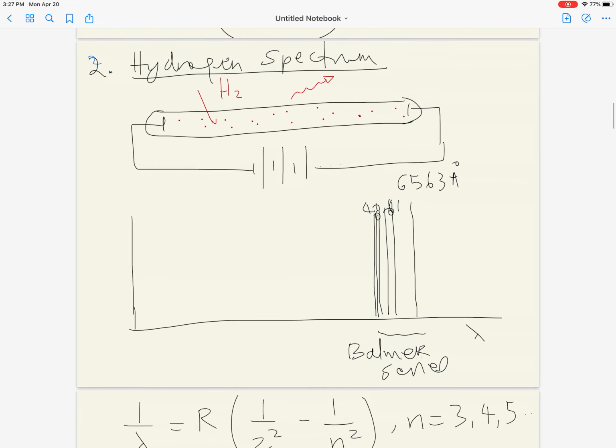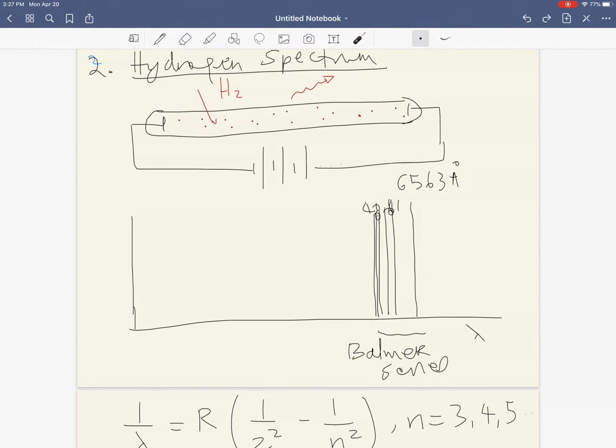So to do that, the historical perspective is as follows. You'd recall that at the beginning of chapter 29, I very briefly mentioned the hydrogen spectrum. If you take hydrogen gas contained inside a tube with an electrode at either end and apply a high voltage across it, you dissociate the hydrogen molecule into hydrogen atoms, which can then be ionized by the electric field, and you will see some radiation emitted from the tube.